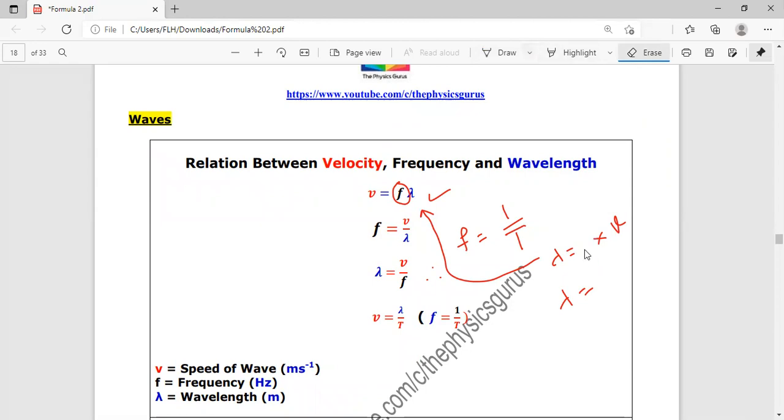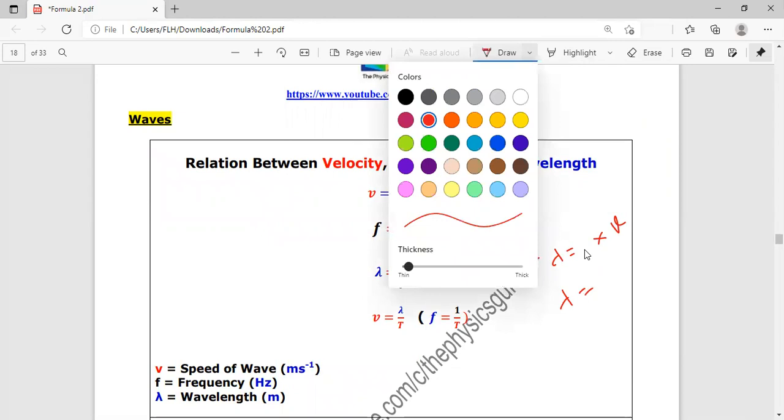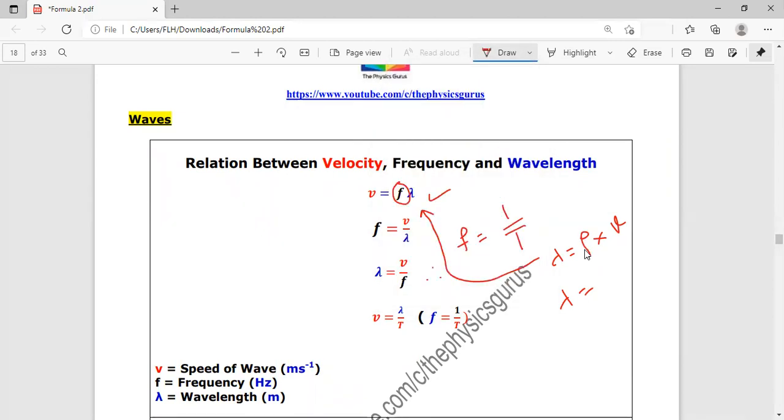Sorry for that mistake. So V is equal to f lambda. Let me rewrite it again. V is equal to f lambda.